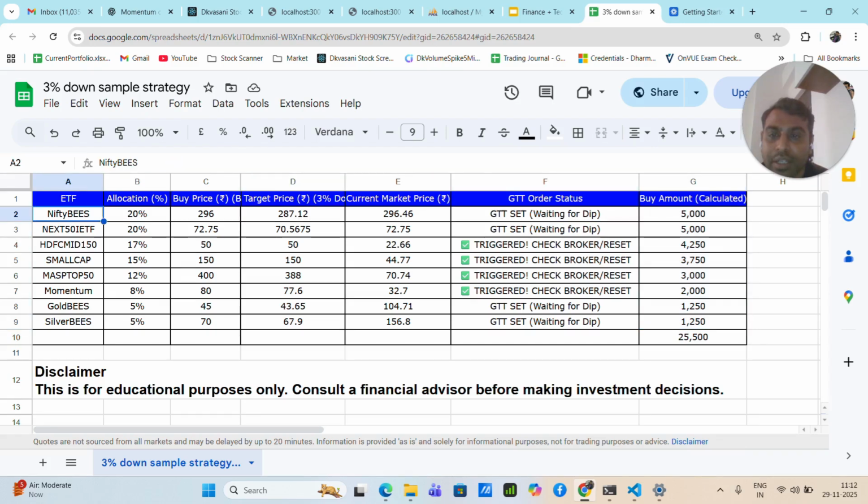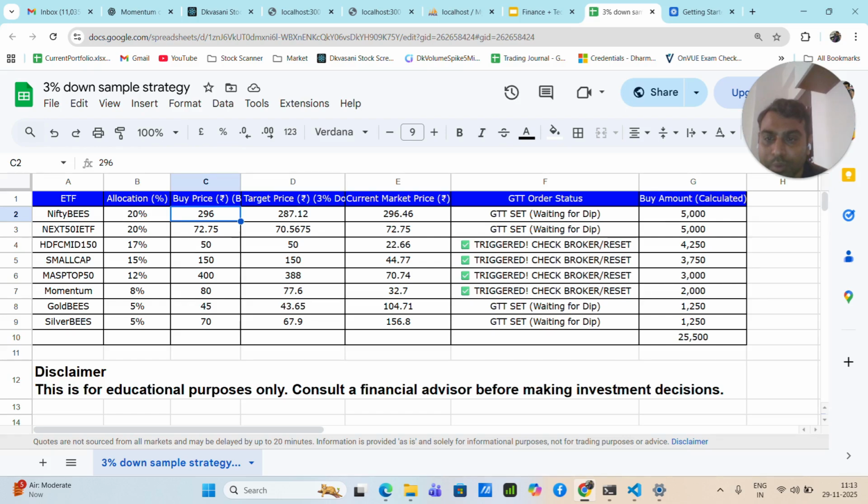And here you can see the live price of each ETF. This is the current market price of each ETF. I have done the calculation for 3% down. For example, currently this ETF price is 296.46, so you can place one GTT order at this price, which is the 3% down price from the last traded price.